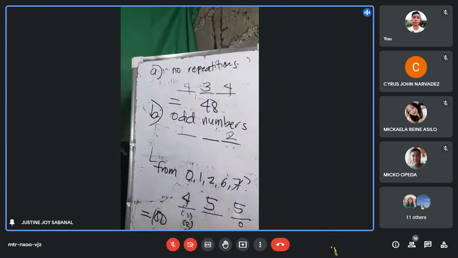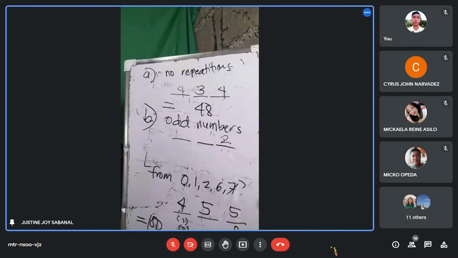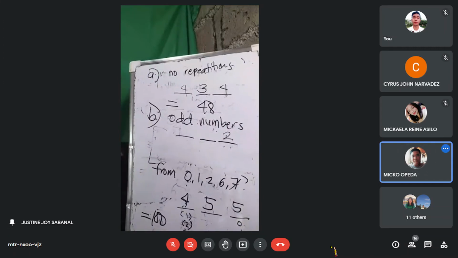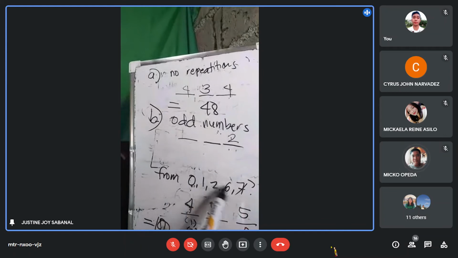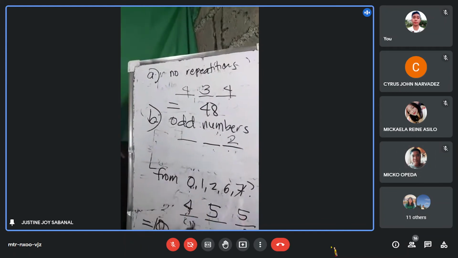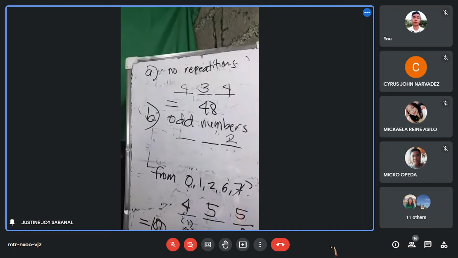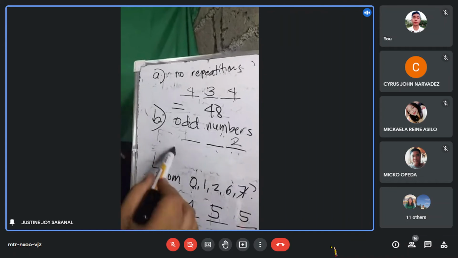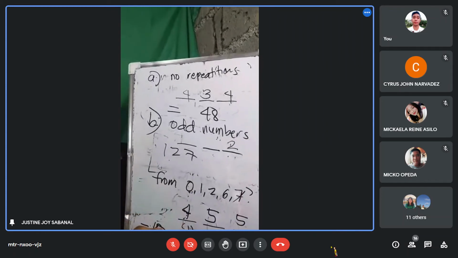So, ilan na yung option natin for the second digit? Dalawa pa rin po. So, hindi ko pa rin ba pwedeng gamitin yung 0, 1, 6 doon sa middle value? Kasi di ba, kunwari, pwede naman akong mag-create dito ng 1, 2, 7. Ito ay odd number.